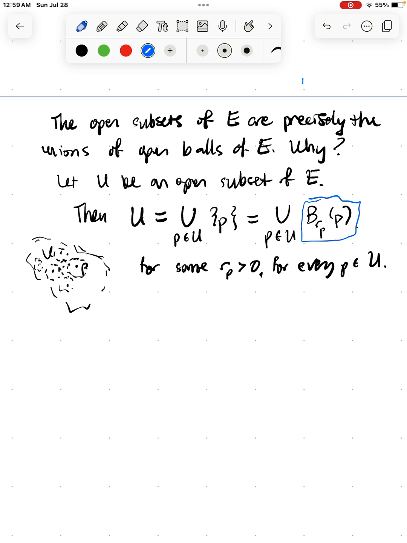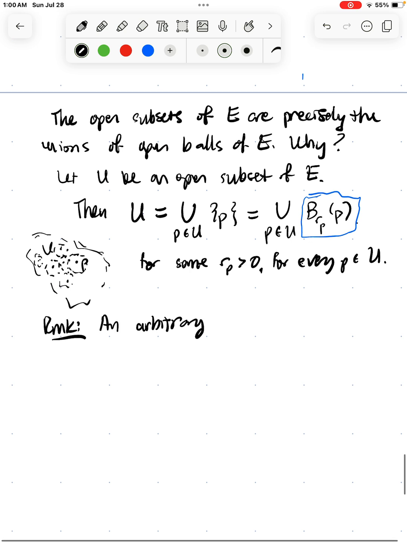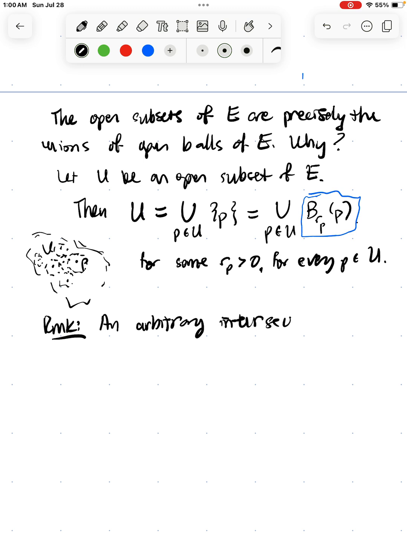And one thing to keep in mind, some remarks, is that we proved before that when you take a finite intersection of open sets, it's open, but an arbitrary intersection of open sets need not be open.